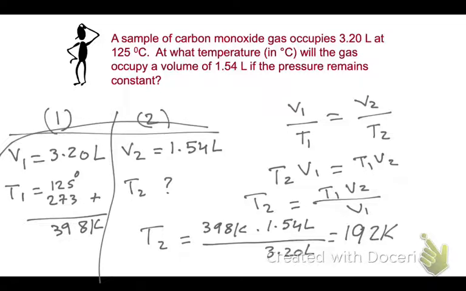They wanted degrees Celsius, so I'm going to subtract 273, and that will be negative 81 degrees Celsius.